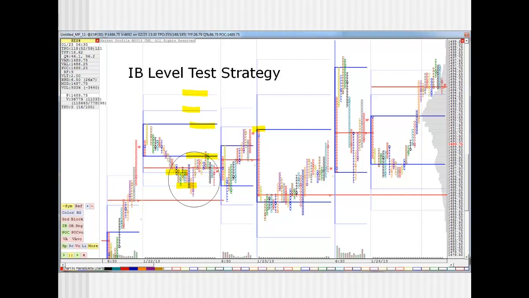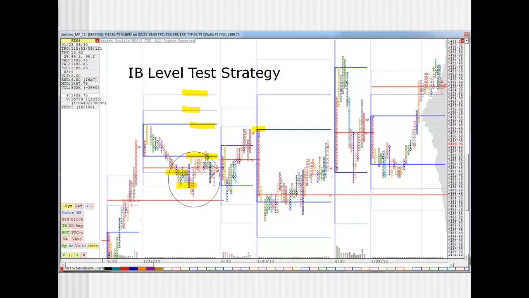Now, at what point would I really be willing to go long? If you notice here, this is my first actual test right here. It failed. This is my second test, and it failed because look at where we opened period X back here. Now, period Y comes back up and it doesn't take out the high.